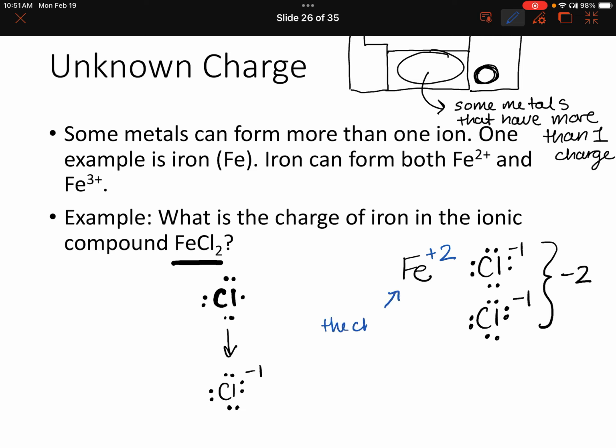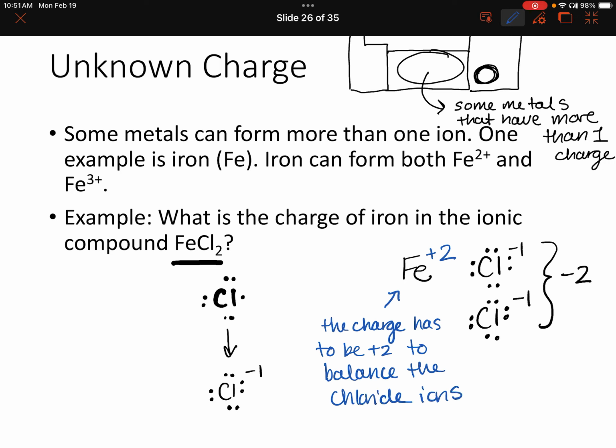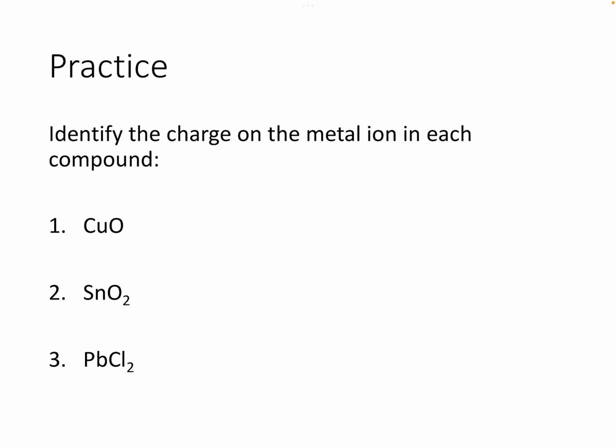The charge has to be +2 to balance the chloride ions. Okay, so that's one way that you can figure out what the charge of a particular ion is. So let's practice. Let's look at some examples.